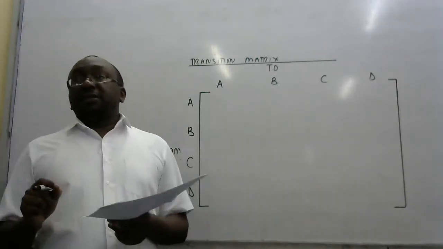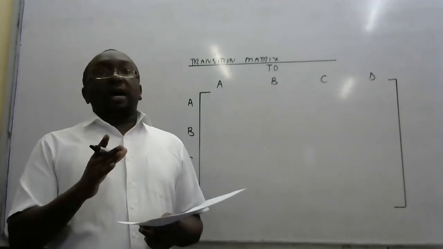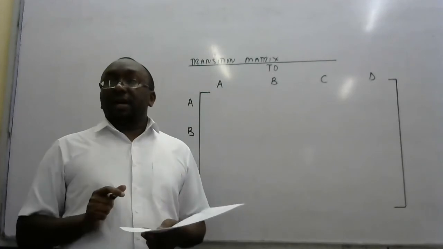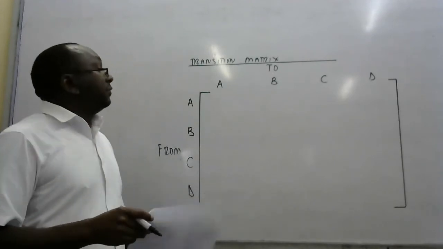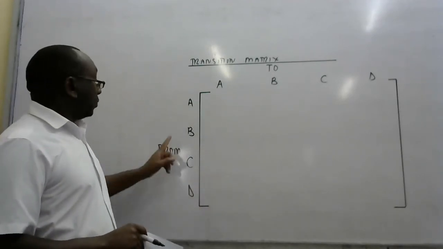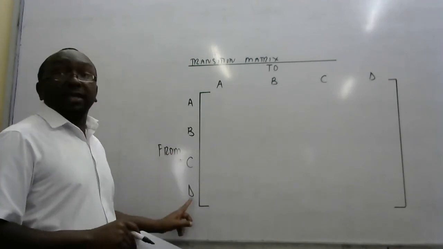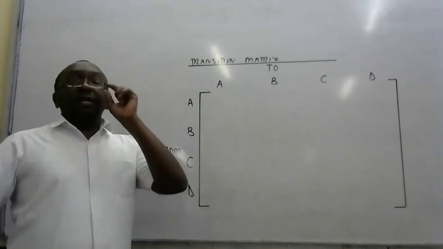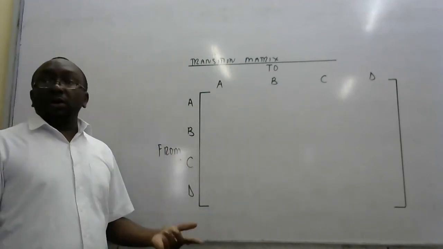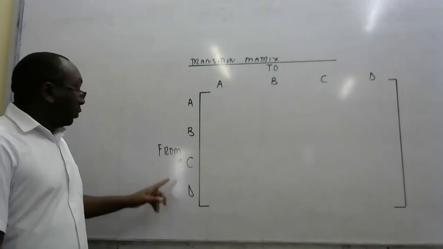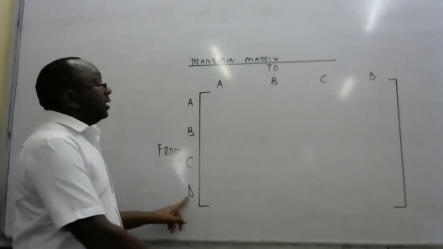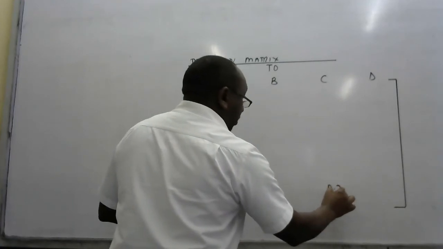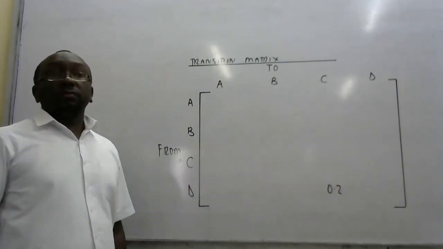So what that means is that if right now you are in a particular class, after 1 year you go to the next class. So we can start from D, the lowest class. So if you are right now in class D, you will go to class C. So we will argue from D to C. 0.2.